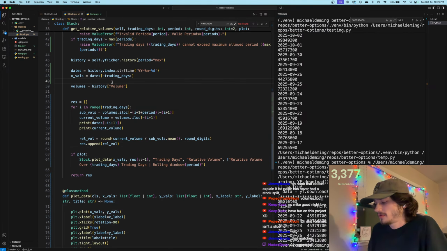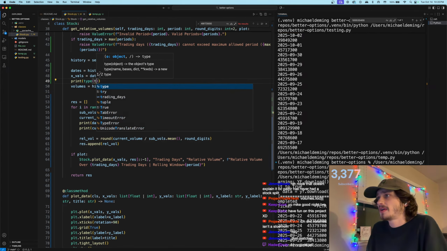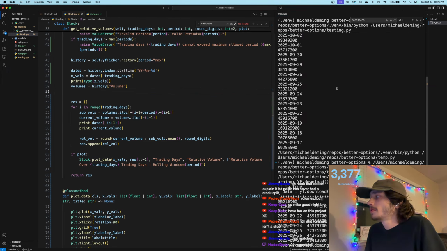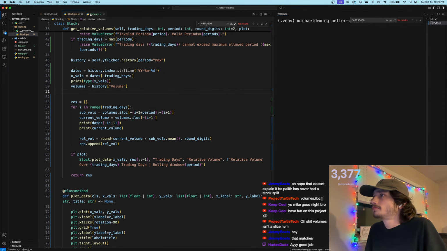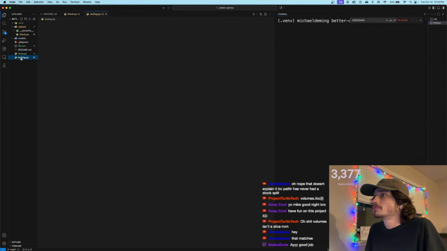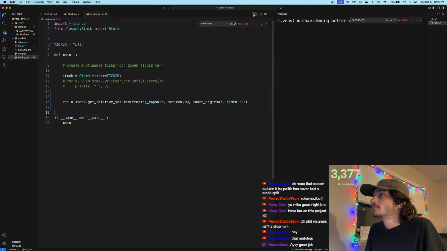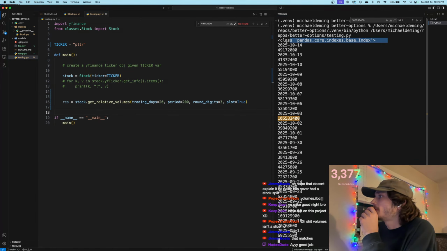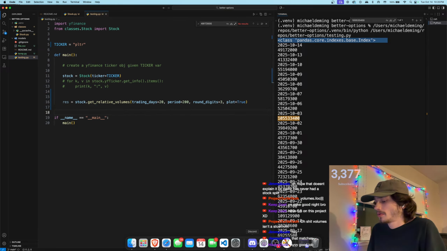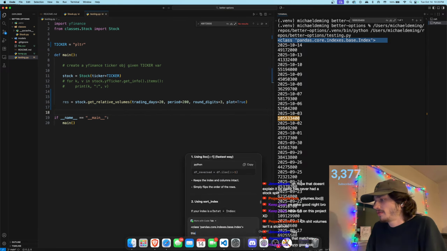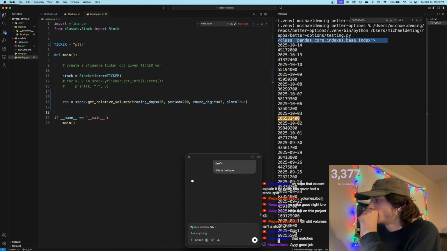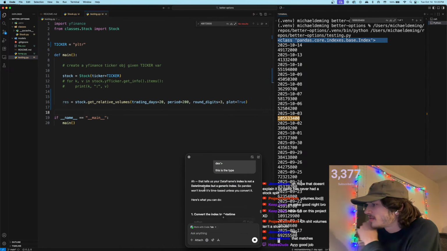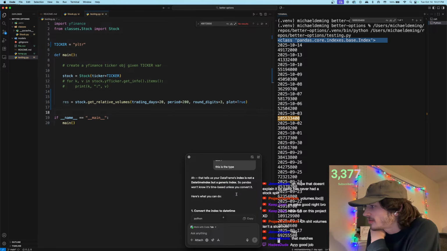Let's print the type of xvals. It's a pandas core index. It's not a datetime, but a generic index.